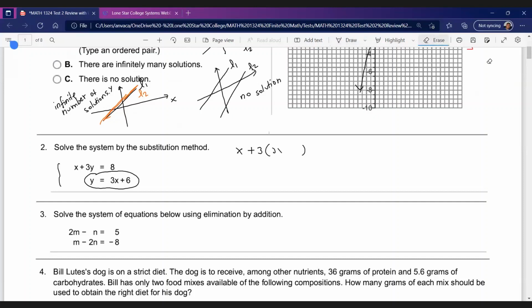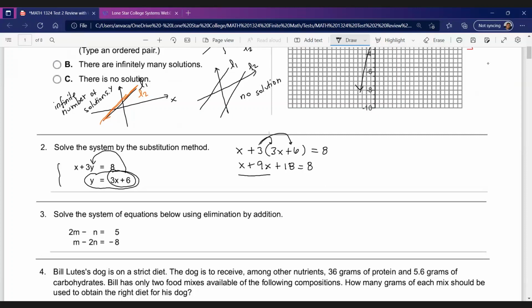Here we have 3x plus 6 is equal to 8. Notice that y was substituted for this expression here. So using our algebra skills, we go ahead and distribute. We get 9x plus 18 is equal to 8.